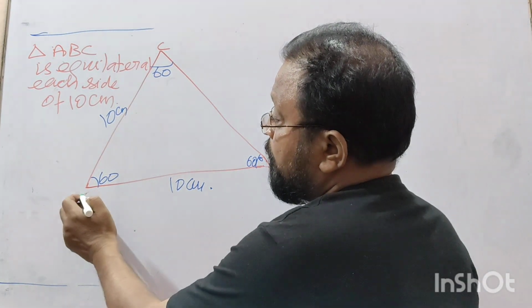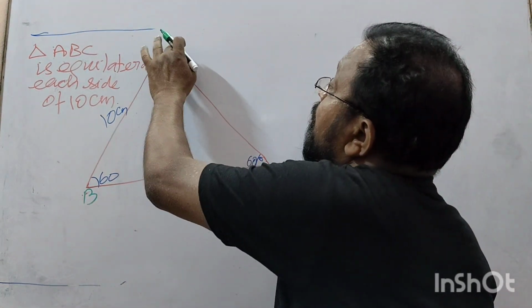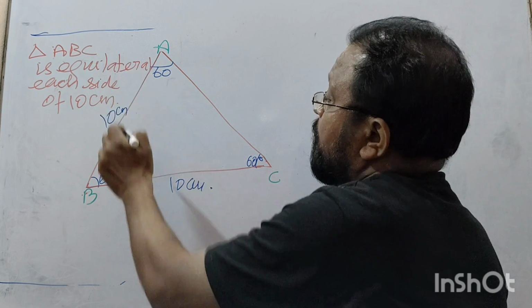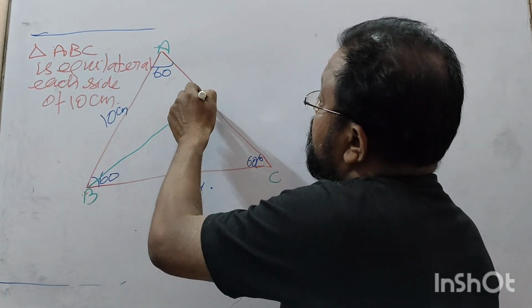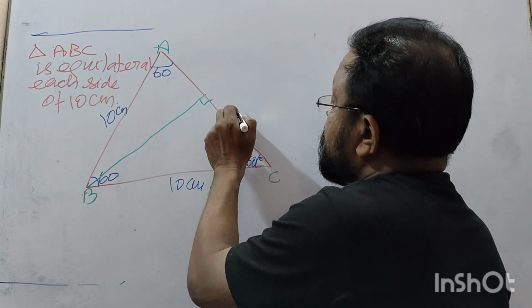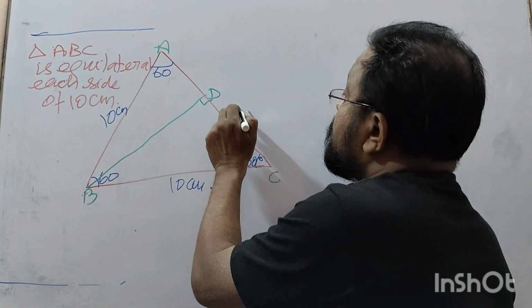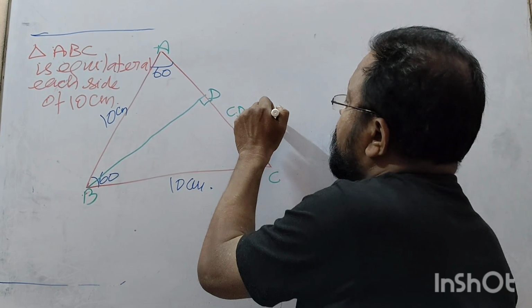We take it B, C, and this is A. So we draw a line BD like this, right? This is 90 degree. This is D. So CD is given as 6 centimeter.